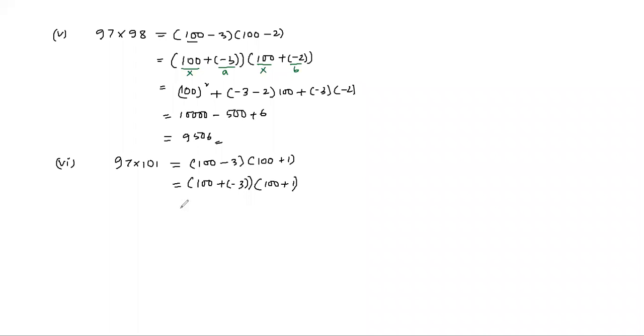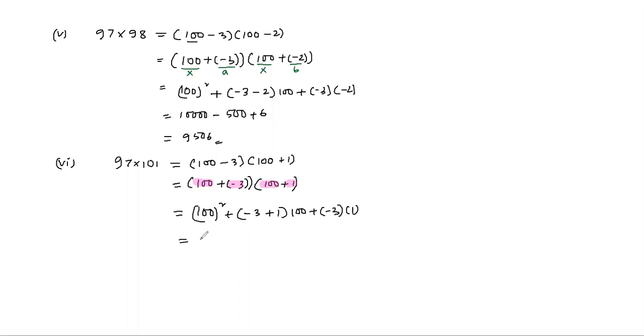So now here, then again what we can do, we can consider this to be x here and this to be a, this to be b, right? So in that case what we'll get here is x squared, that is 100 square, then plus value of a is minus 3, value of b is 1, then I should multiply here 100, and then this is minus 3 into 1.